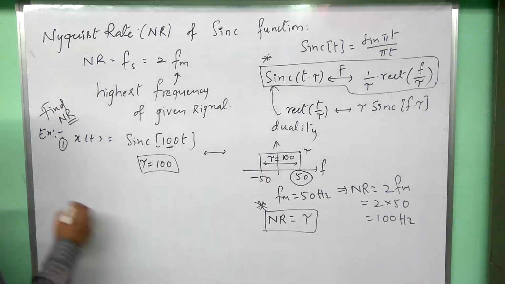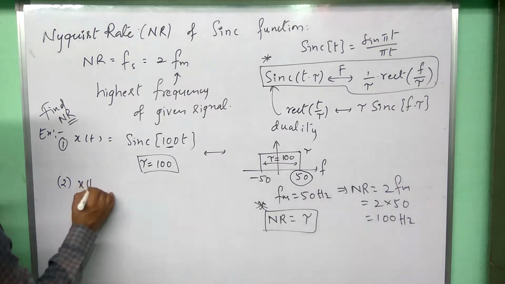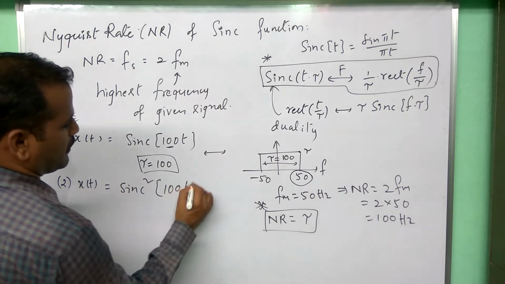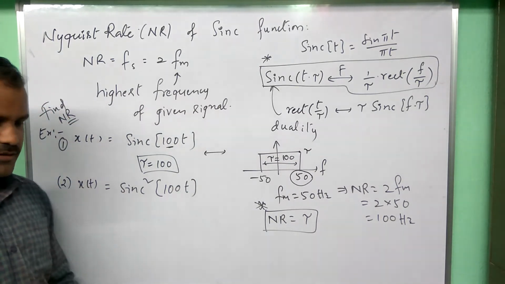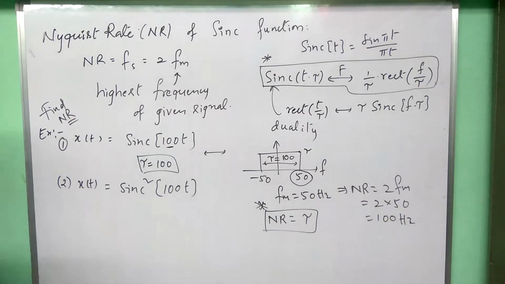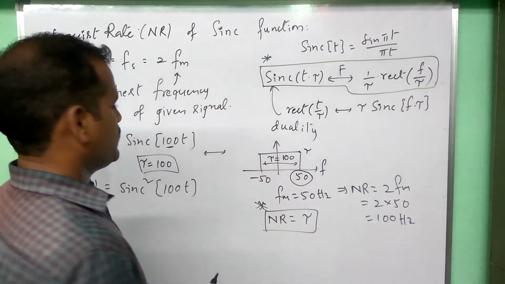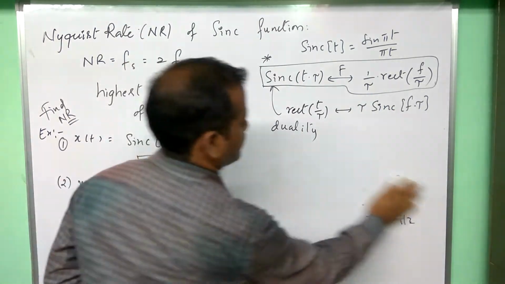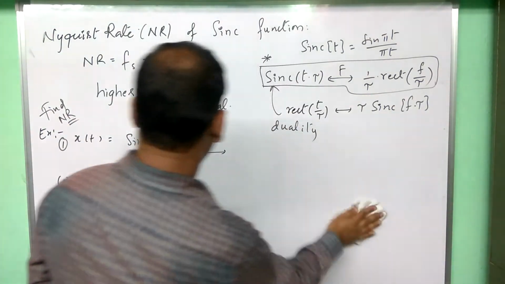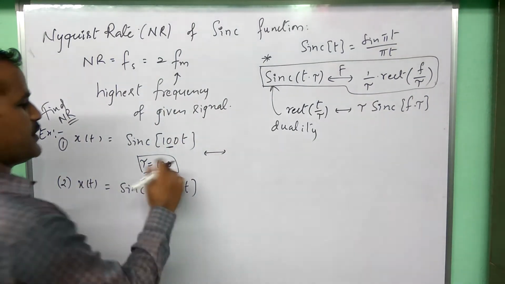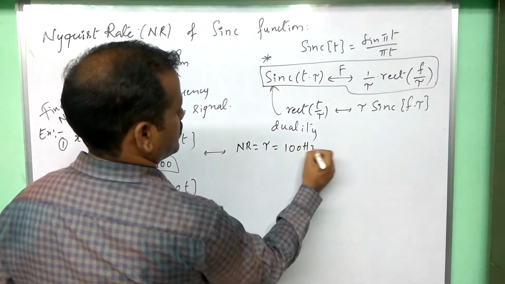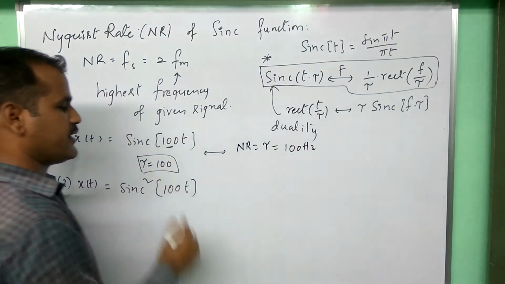If the sinc is squared, then what is the Nyquist rate? I am taking the same signal with the square. Let us see. For the first one, the Nyquist rate we have already calculated, that is tau or 100 Hz. Now the second condition, sinc square 100t.